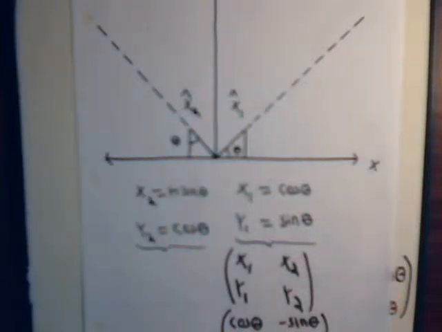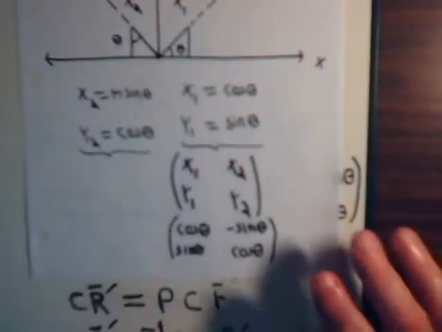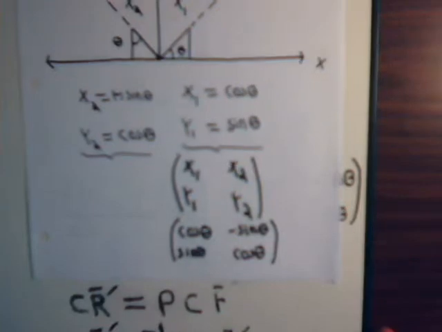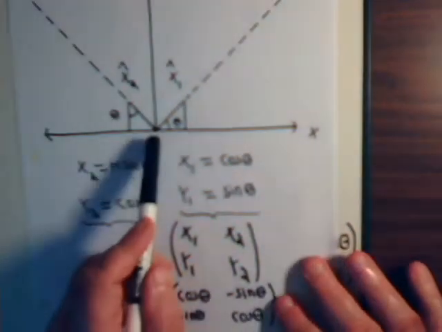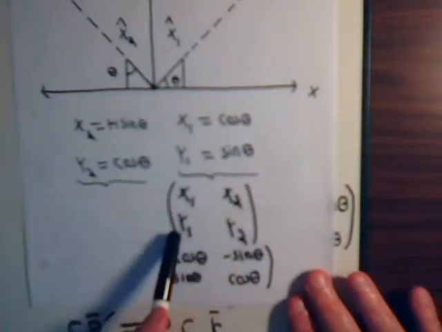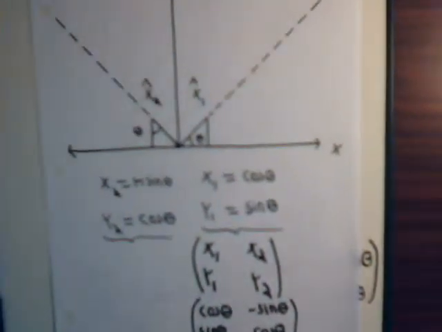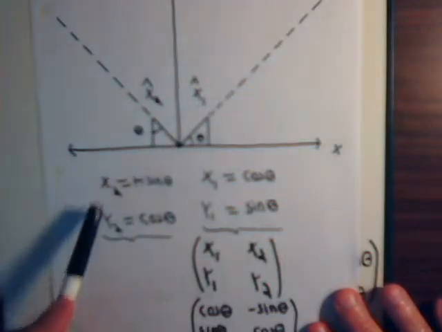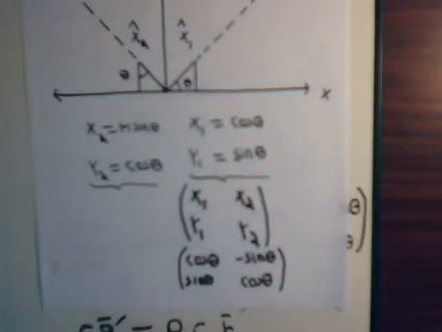But now, what that means is that here, these are the components of eigenvector x1, x1 and y1. Here are the components of eigenvector x2, x2 and y2. Right here. And that's our Model matrix, M.